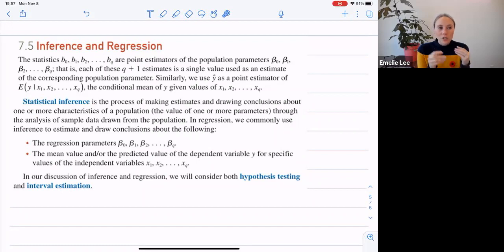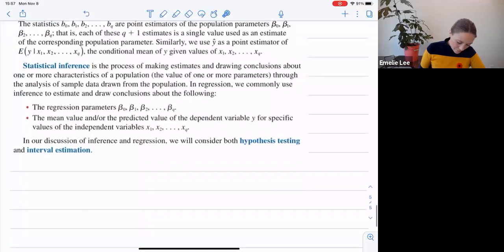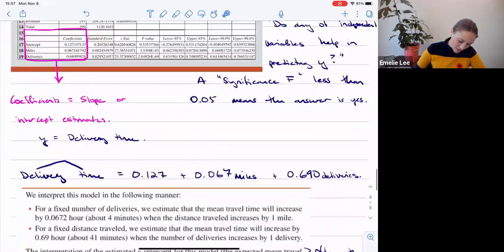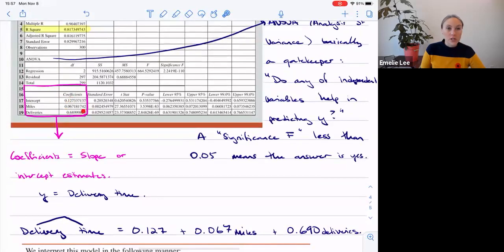I'm going to show you briefly how we could do it, but also that it's already included in the regression output that you're going to look at. The inference is going to be on the coefficients here.